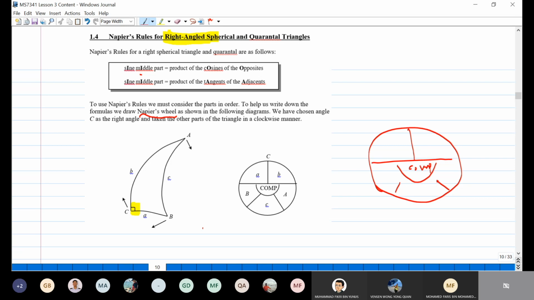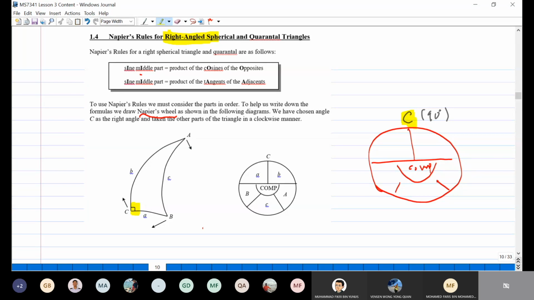What you do is at the center you place the angle which is 90 degrees. So this is 90 degrees here. Center you place a 90 degree, C. C is 90 degrees.